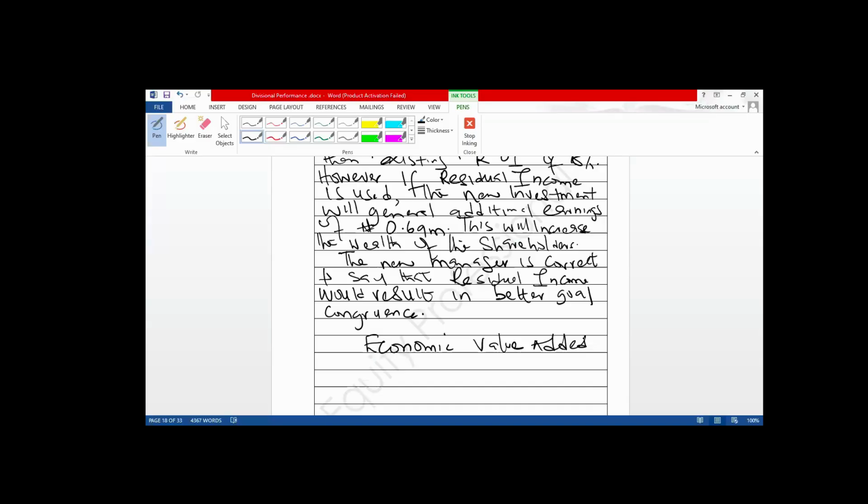Because the accounting information is subject to distortion, the financial results may not represent the true value of a company.